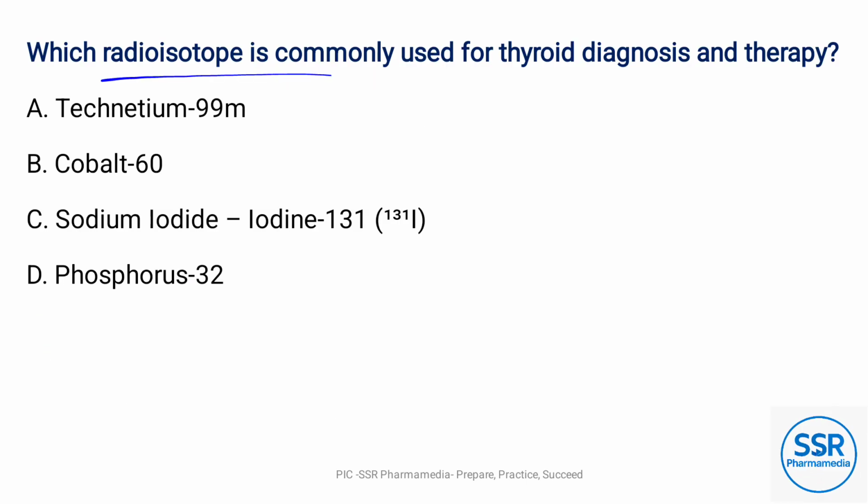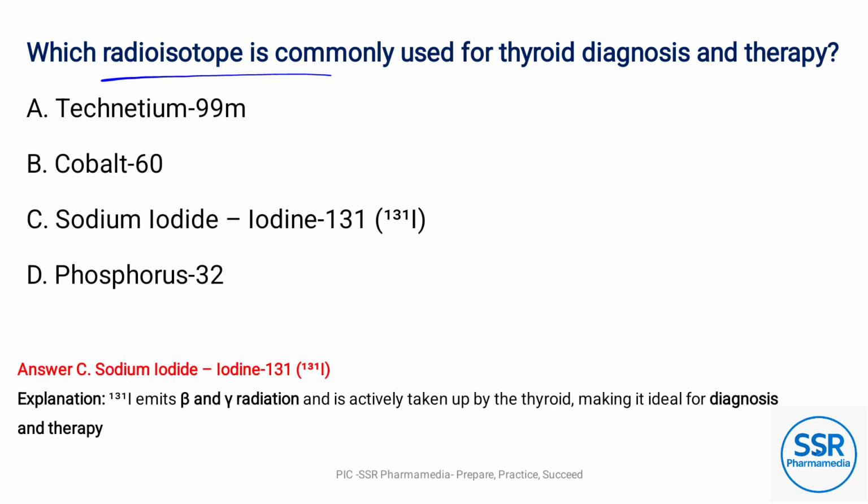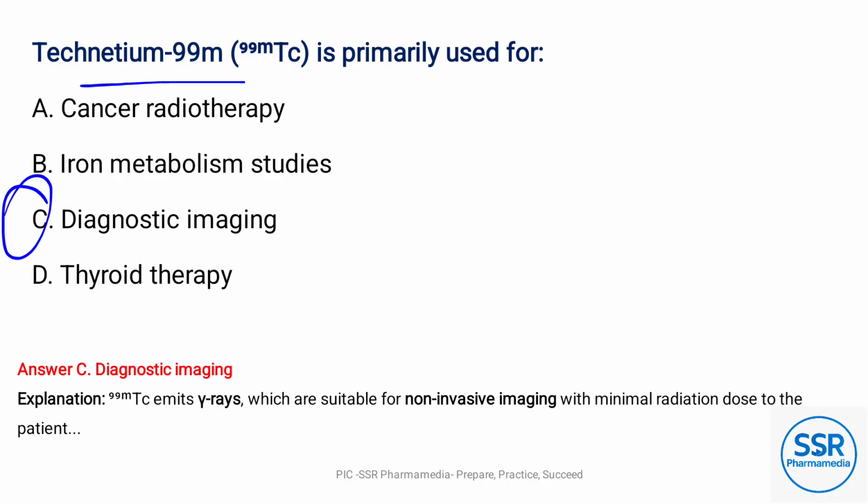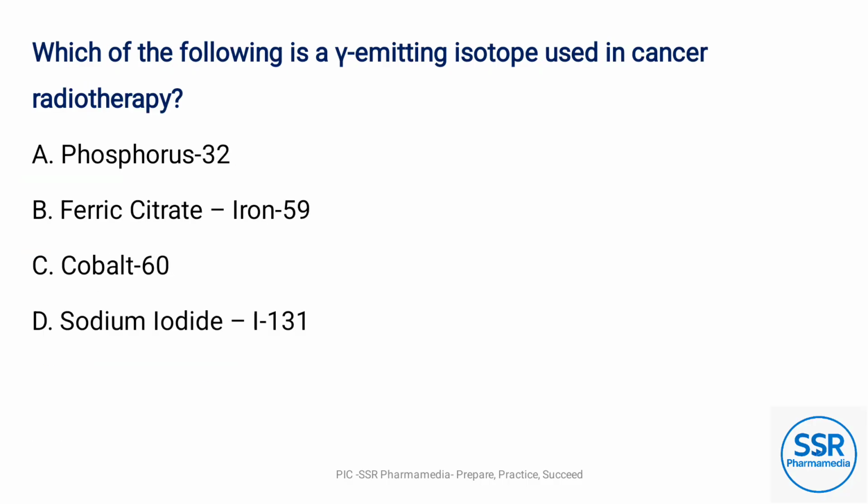Which radioisotope is commonly used for thyroid diagnosis and therapy? Option C, sodium iodide, iodine-131. Technetium-99 is primarily used for, option C, diagnostic imaging.